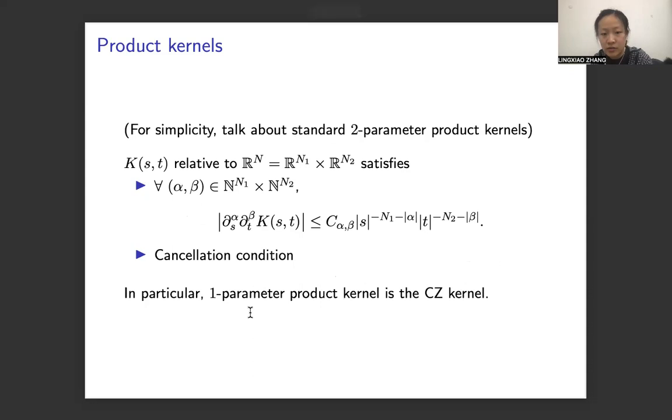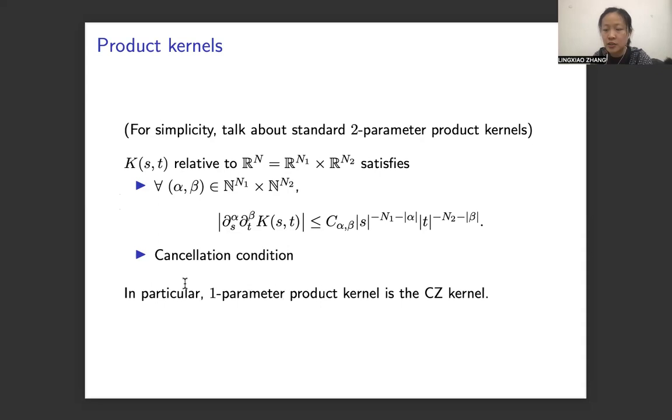For the product kernels, if it's one parameter, it is simply the Calderón-Zygmund kernel. For more parameters, say 2 parameters, if we are given a decomposition of R^n into R^n1 cross R^n2, then a product kernel K(s,t) relative to that decomposition is a distribution on R^n, which satisfies the following differential inequalities and certain cancellation conditions.